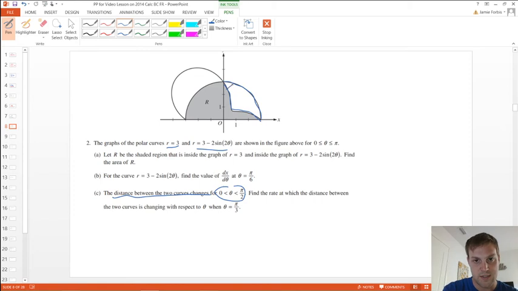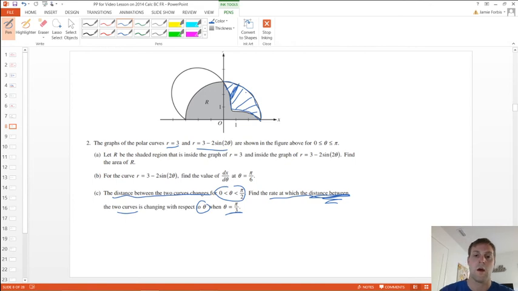So the distance between them is changing. You can see that the gap's getting bigger and then smaller, and it wants us to find the rate at which that distance between the two curves is changing with respect to theta whenever we're at pi over 3, which is somewhere right here.